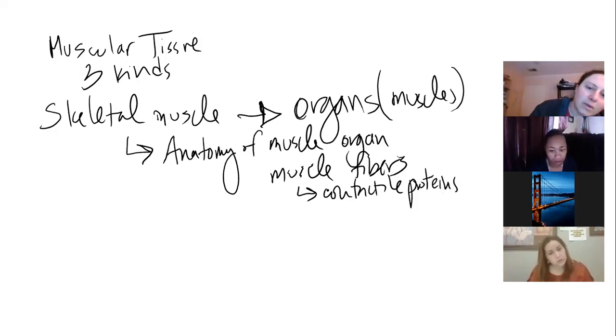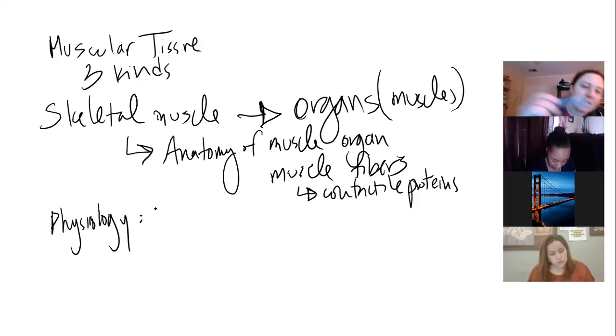And so once we get into the anatomy of the contractile proteins, that pretty much takes us to the physiology of contraction, right? So we need to understand how muscle contracts.